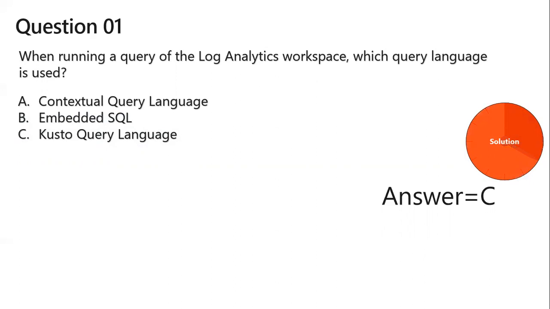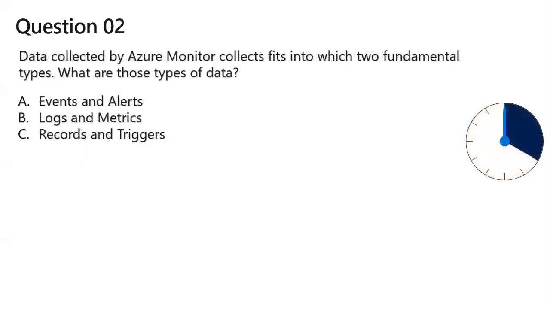That's okay. Moving ahead with the next question: data collected by Azure Monitor fits into which two fundamental types? What are those types of data? Events and alerts, logs and metrics, records and triggers. What is going to be the correct answer?